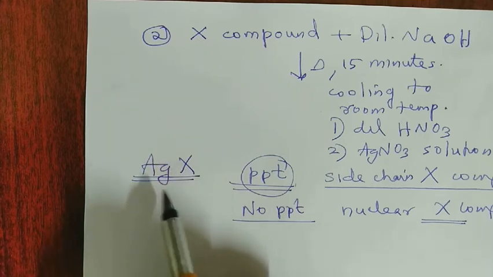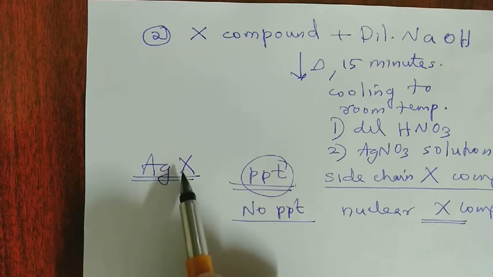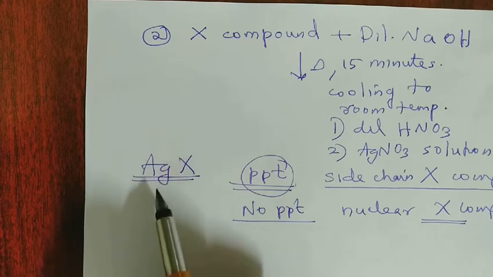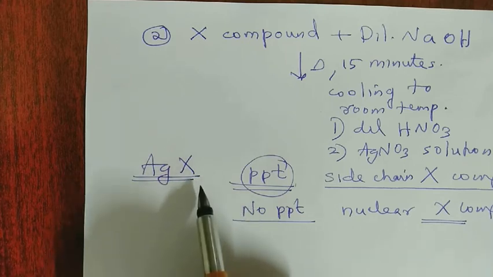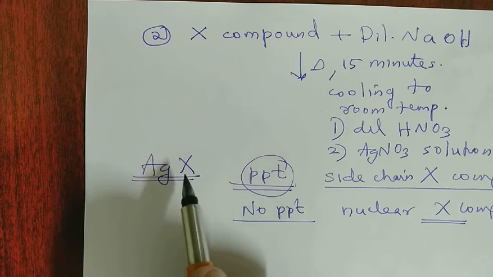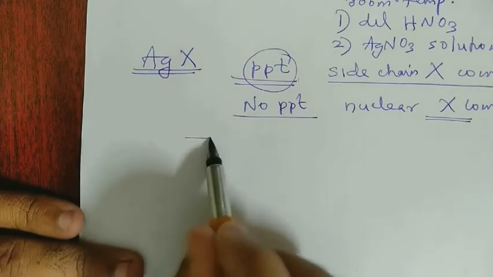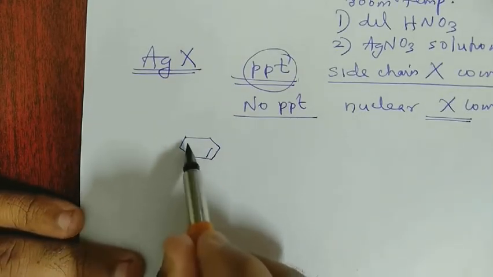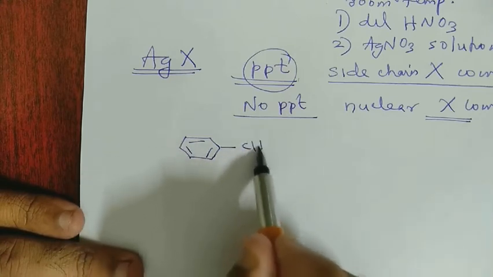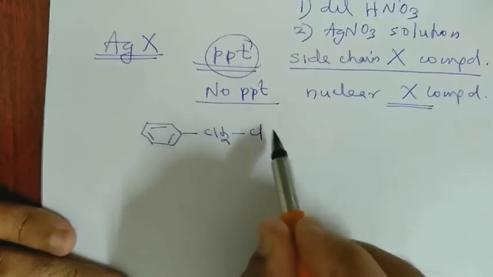A pale yellow precipitate partially soluble in ammonium hydroxide indicates bromine in the side chain, and a yellow precipitate completely insoluble in ammonium hydroxide indicates iodine in the side chain. Nuclear halogen compounds do not give this test.